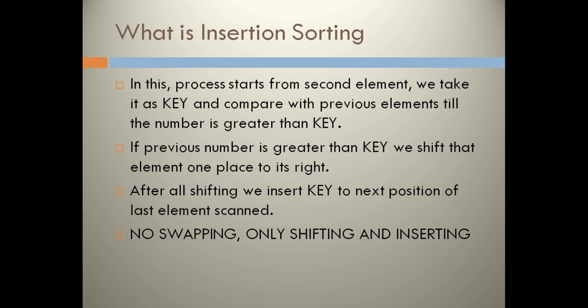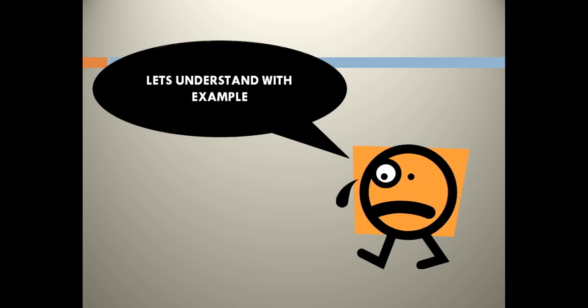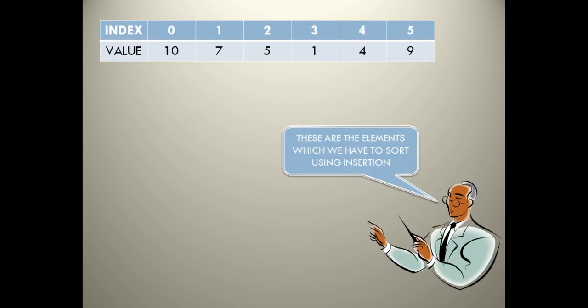Okay. Now, to demonstrate how exactly insertion sort works, let us take an example. This is your given list having values 10, 7, 5, 1, 4, 9, and the index is 0 to 5, so totally how many elements are there? 6 elements are there.